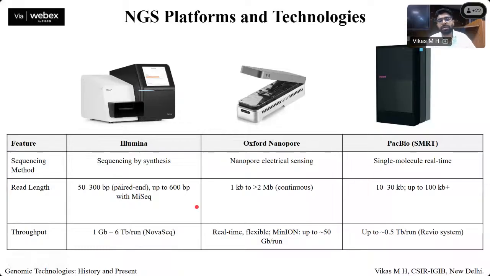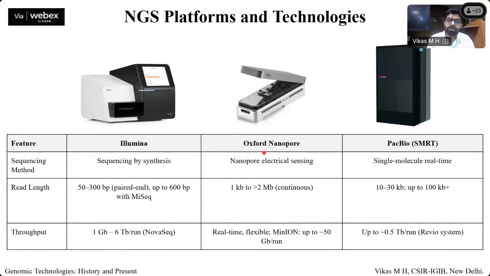This can sequence up to 600 base pairs of DNA, and the highest throughput from these machines can be up to 6 TB for one run. So you can imagine the amount of data that comes from these runs is very high.